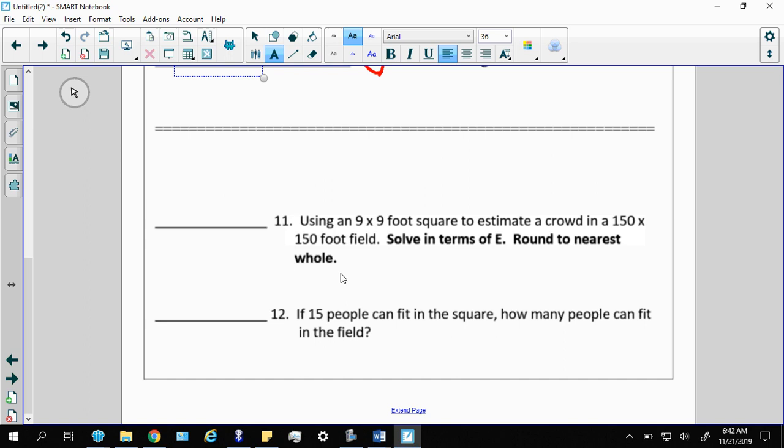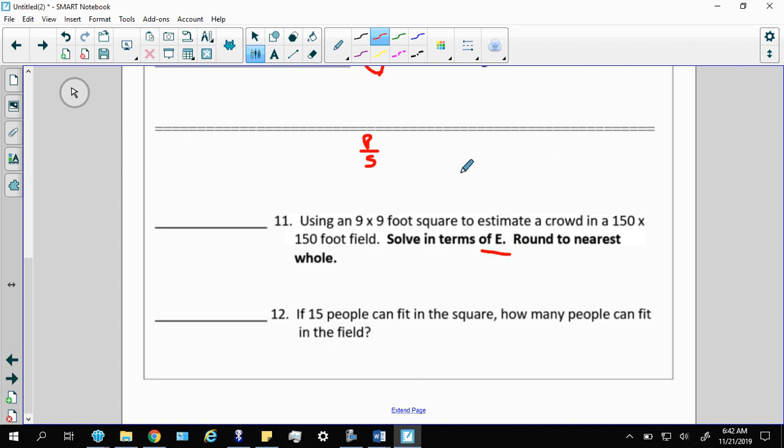Now, using a 9 by 9 foot square to estimate a crowd. Remember this is people over space, but we're solving in terms of E. So it'll be E over 81 is equal to x over 22,500.